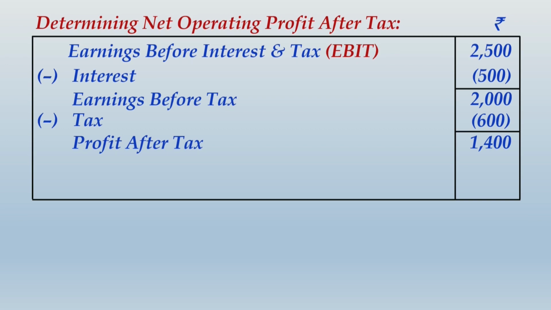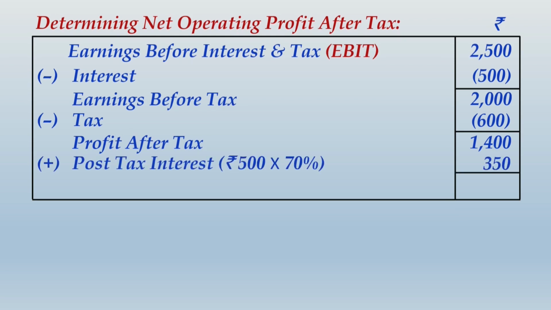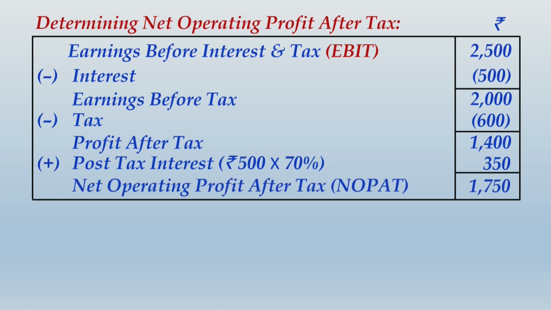It will be interest amount multiplied by 1 minus tax rate. Tax rate is 30%, so 1 minus tax rate would be 70%. 70% of interest amount would simply be 350, and when that is added back, you would get net operating profit after tax, that is 1,750.